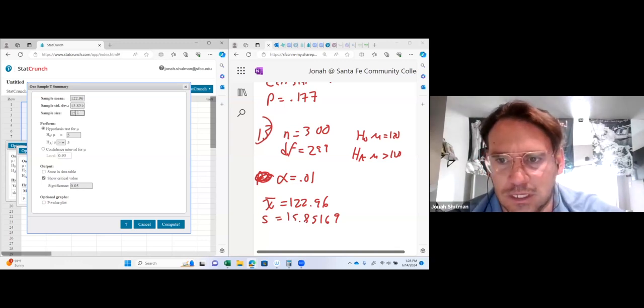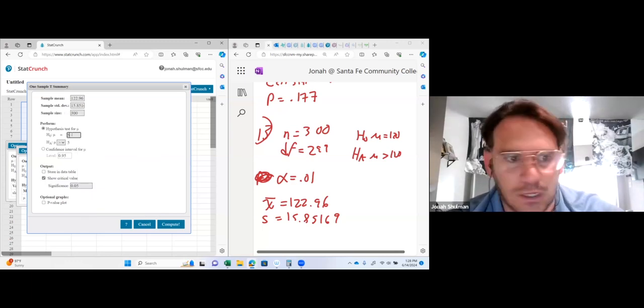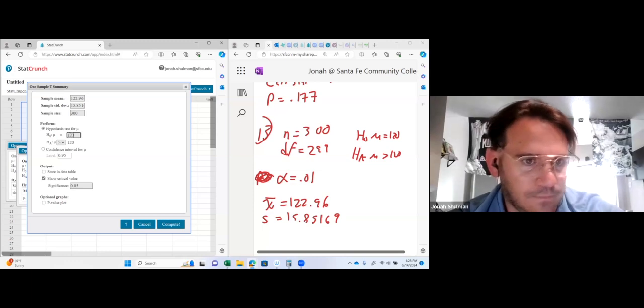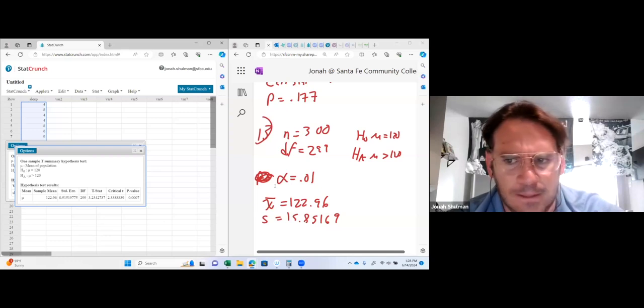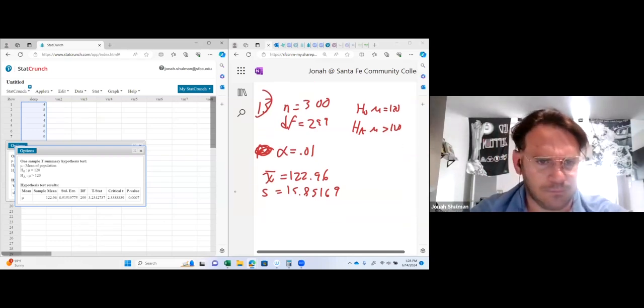Our sample size is 300. It's a one-tailed hypothesis. We want to be bigger than 120, but we're no longer at a significance of 0.05, we're at 0.01, and that's what we need. This is significant, yes, so we can reject the null.